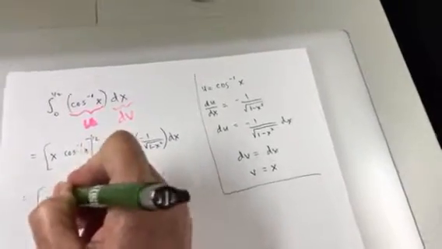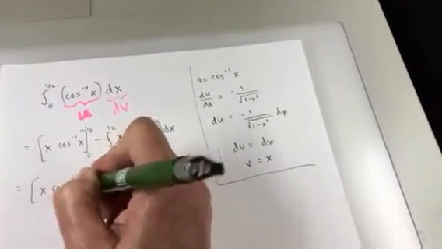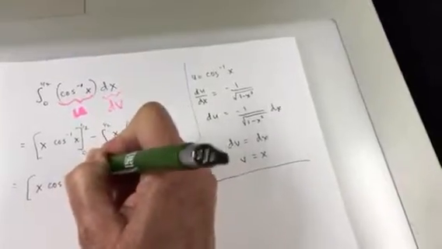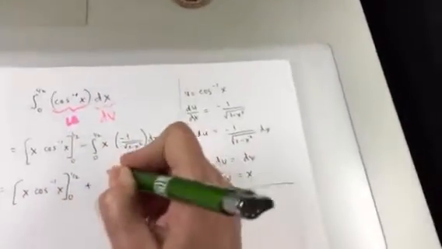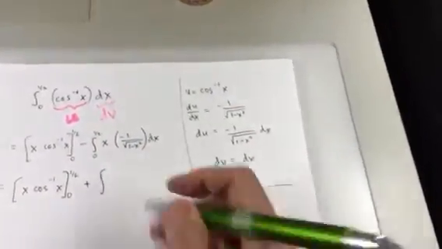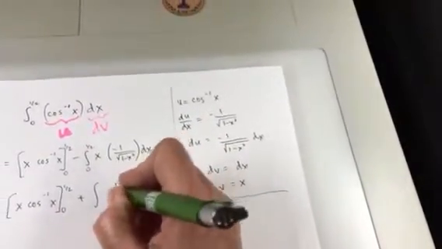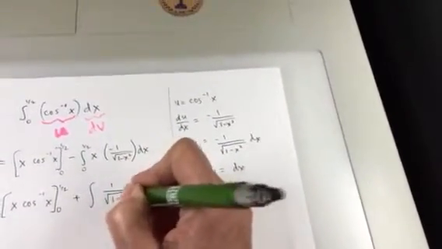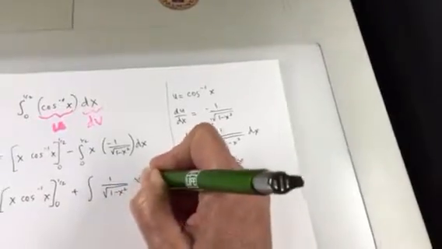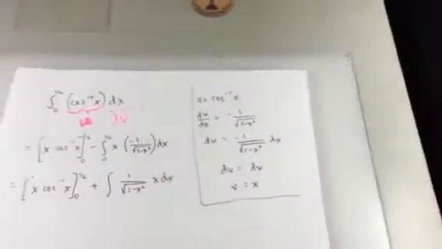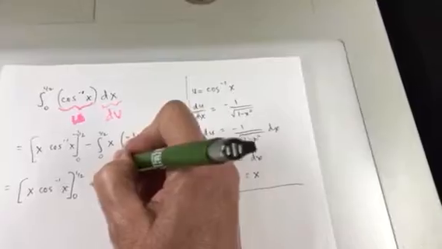So I'm going to hold off on that x inverse cosine of x. This is now plus the integral of 1 over the square root of 1 minus x squared x dx. And I got to remember my 0 to 1/2.